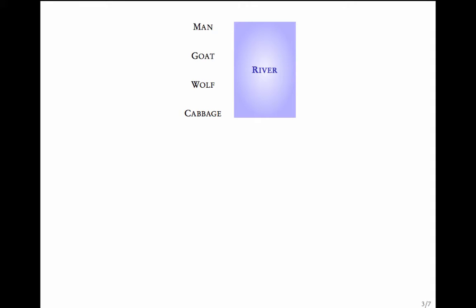Here is the puzzle. There is a river and there are 4 things on the left bank. There is a man, a goat, a wolf and a cabbage. There is a boat that can be driven by the man. Only the man can drive the boat.